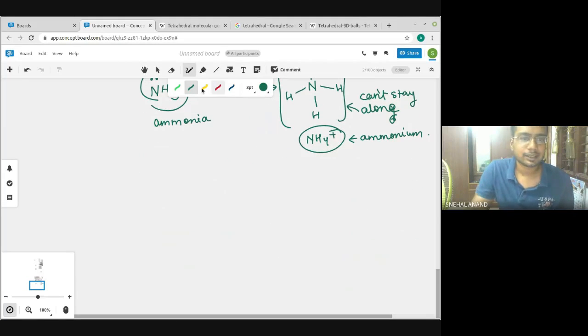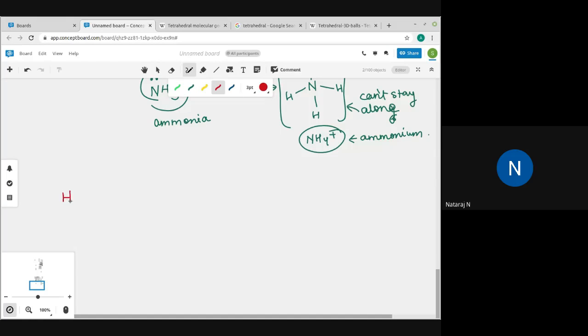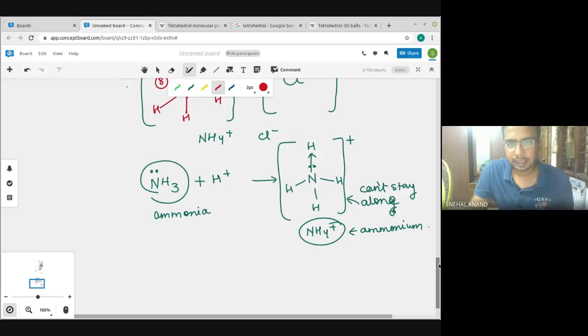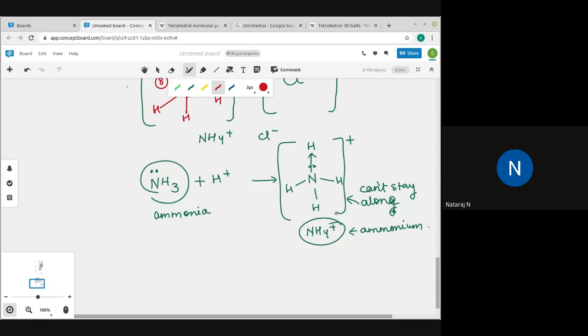Don't hesitate. Okay, sir, so NH4 is a cation. This one ammonia molecule forms a coordinate bond with this hydrogen, forming ammonium from this H plus.